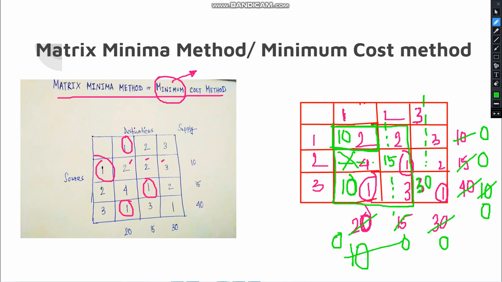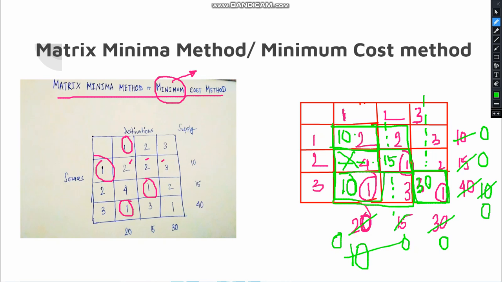So what are the solutions I have received? I have found this cell, this cell. I'm just writing down the allocations here. How many allocations are there? There are 4 allocations: 1, 2, 3, 4.